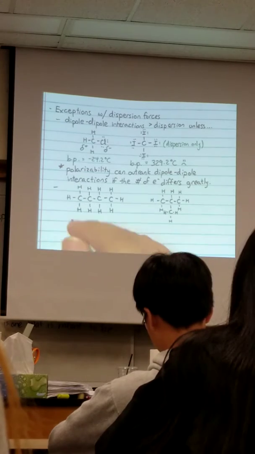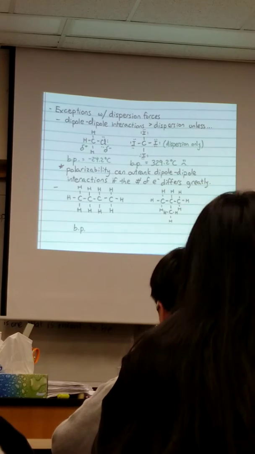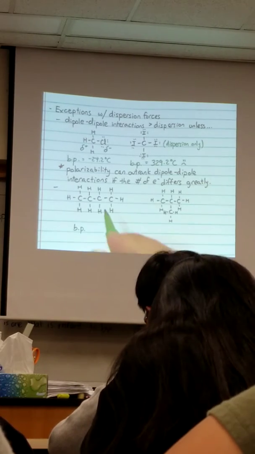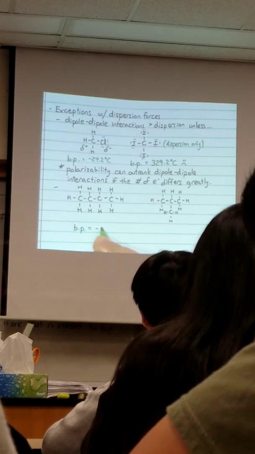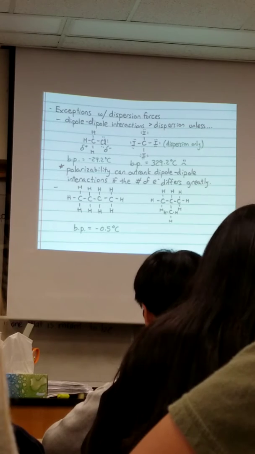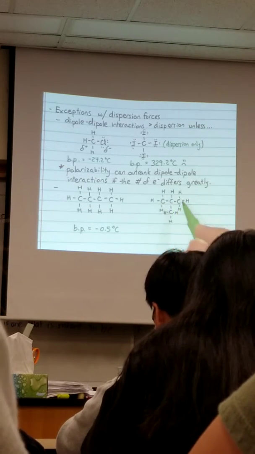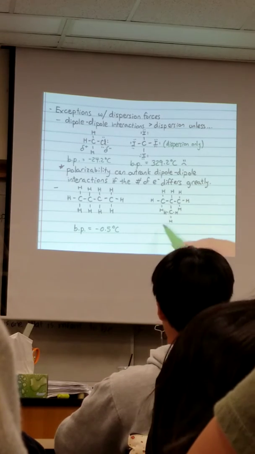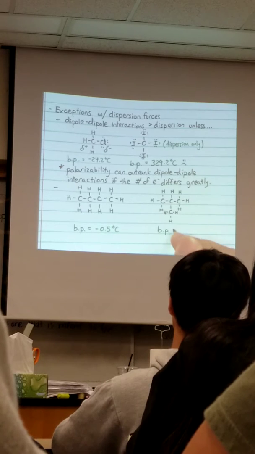So, again, on the AP exam, they're going to give you temperatures to look at. And they tell you the one on the left, boiling point temperature, kind of a weird number, negative 0.5. And then the one on the right which has the same chemical formula and is also nonpolar, we would expect the boiling point then to be, what do you think?